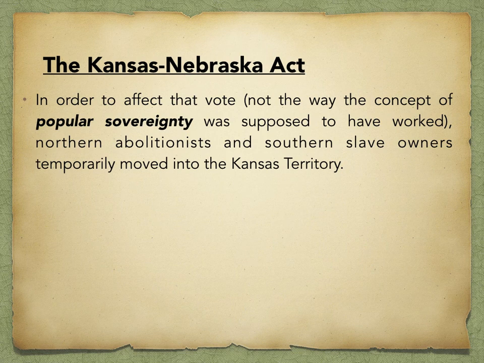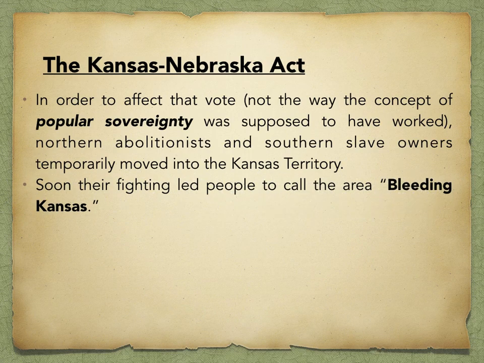If you had more slave owners than abolitionists, then it would have become a slave state. So these people picked up their belongings, moved to Kansas, and it was a mess. So soon the fighting led people to call the area Bleeding Kansas because there was so much fighting going on over the issue of whether or not slavery was going to be allowed in that territory.